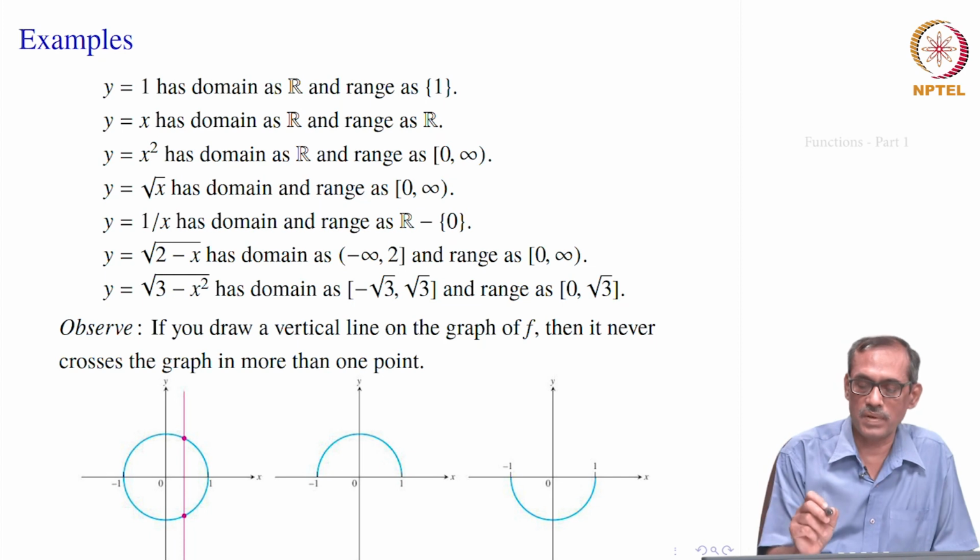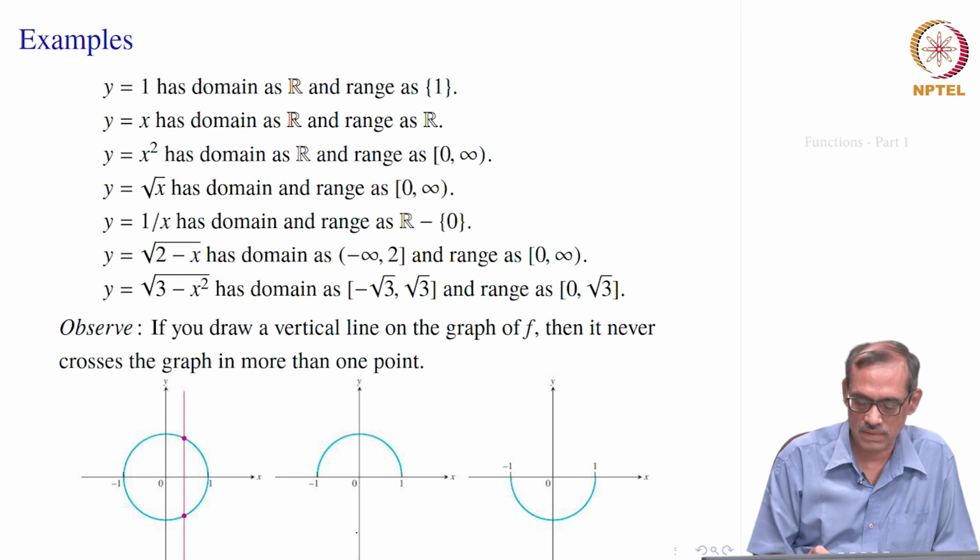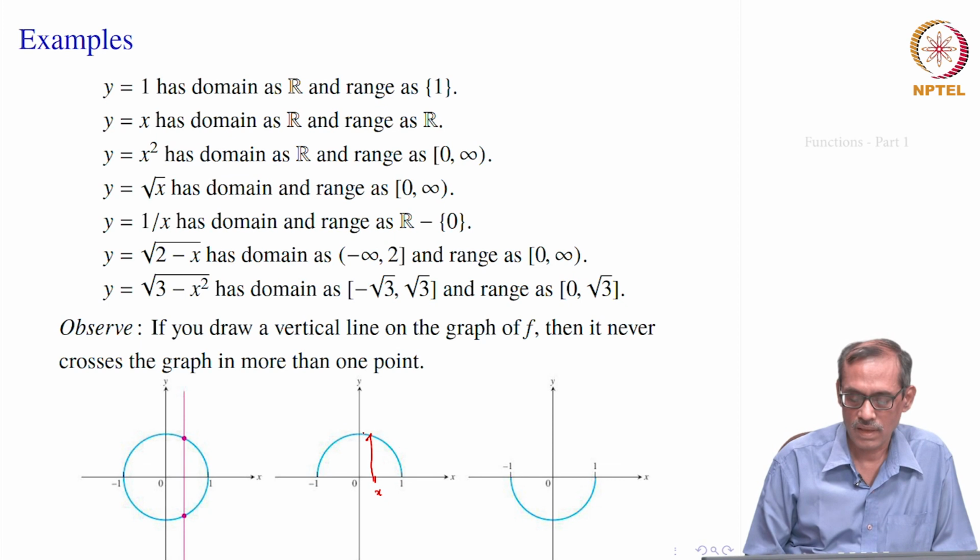Now, once you go for the graph of the function, there is something we should observe. If you take this second picture, which is a circular arc of course, joining minus 1 to 1 as a circular arc of radius 1, this is a function, because if you take any x here, corresponding to it there is one f of x on this.